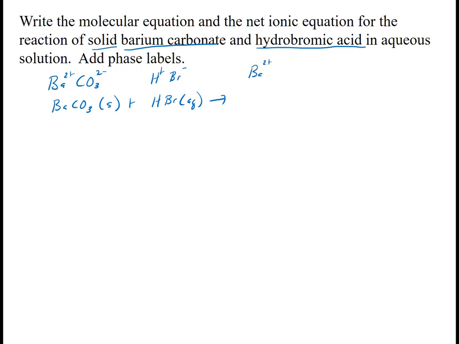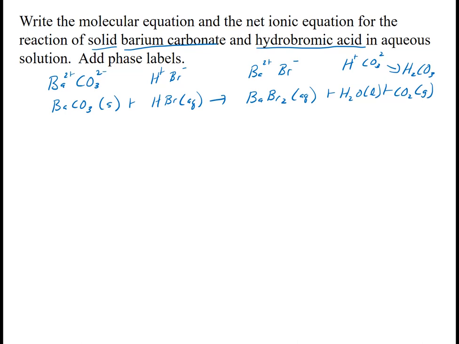Ba 2 plus and Br minus becomes BaBr2, and that one's aqueous, plus H and CO3, so H plus CO3 is a 2 minus, so that's H2CO3, ding, ding, ding, ding, ding, not stable, so that goes to form water as a liquid, plus CO2 as a gas.